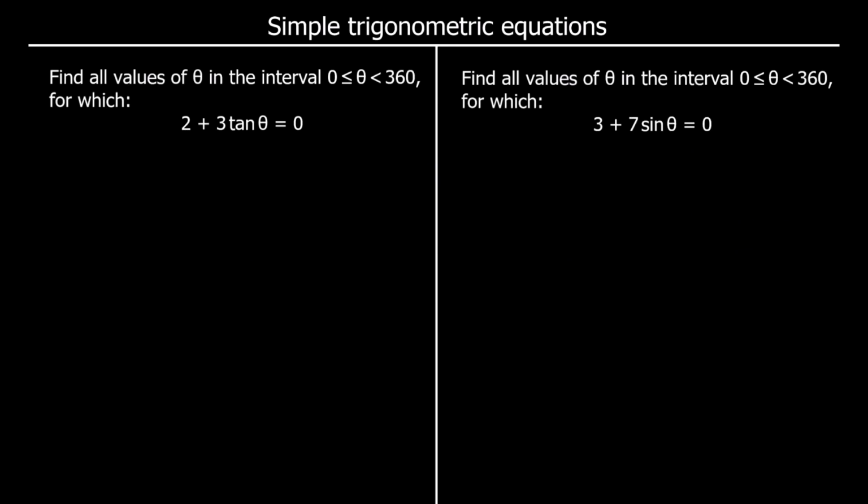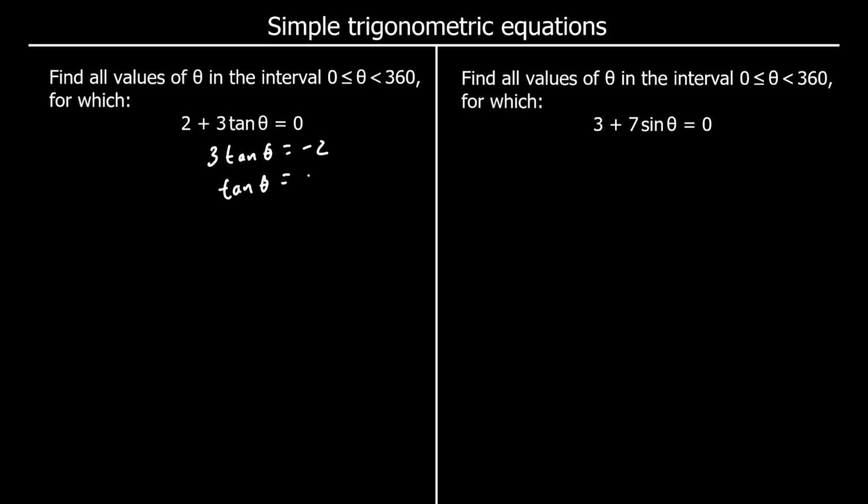Here's another one. Find all values for theta in the interval 0 to 360 again, for which 2 plus 3 tan theta equals 0. So again, we're making theta the subject. Take 2 away from both sides, and then divide by 3.